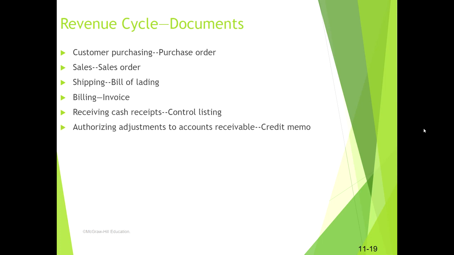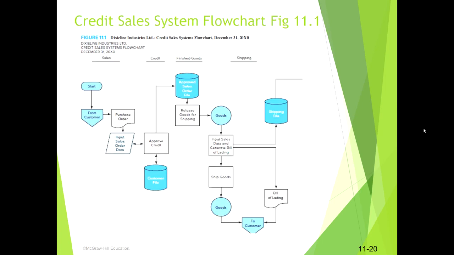I think we have a flow chart coming up, so let me skip on to the flow chart, where we have some kind of initiation from a customer. Could be a purchase order. That purchase order could be input into the system. There could be a process to approve the credit based on credit history, based on prior authorization given to the customer. Once it's approved, then the finished goods can be released.